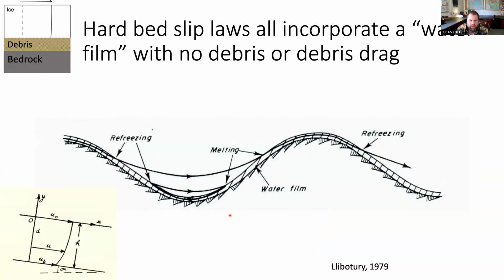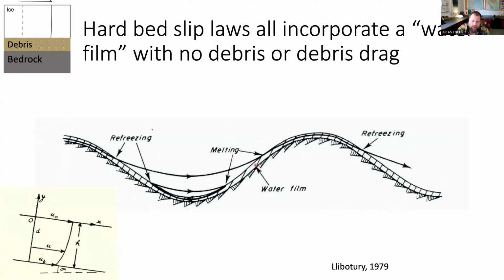And so why this is important is that essentially all slip laws that are formulated for ice sliding over hard beds, which is most of them, make one big assumption that's important to simplify the slip law. And that is, if you look at the bed of a glacier, here's this sinusoid here would be the bed, below would be the rocks, there's always this very thin layer of water, right?